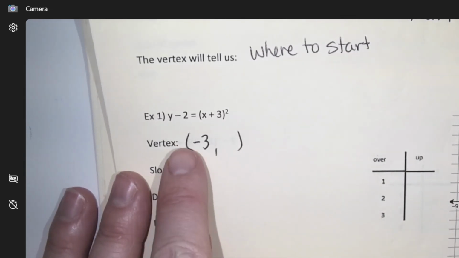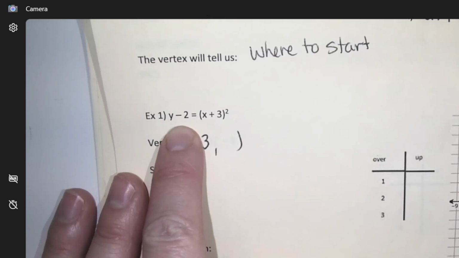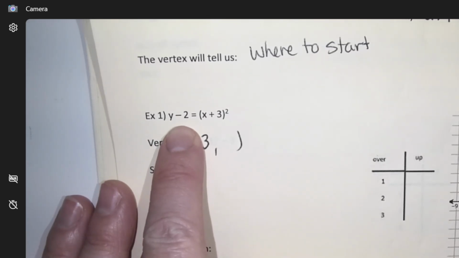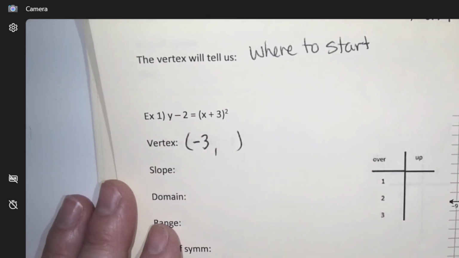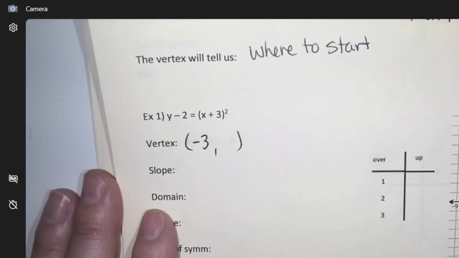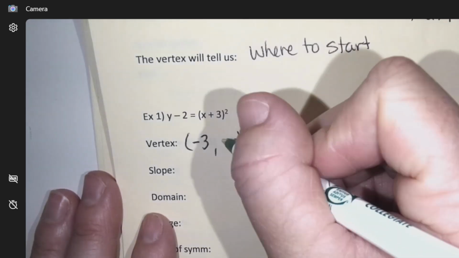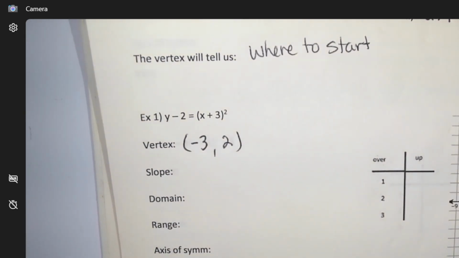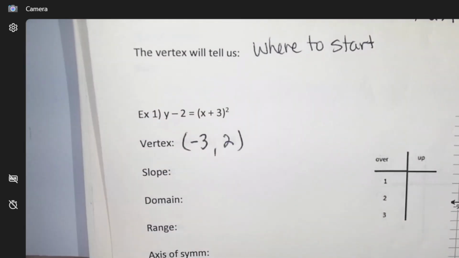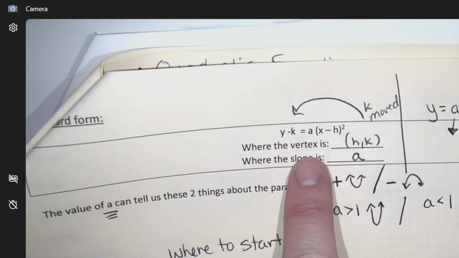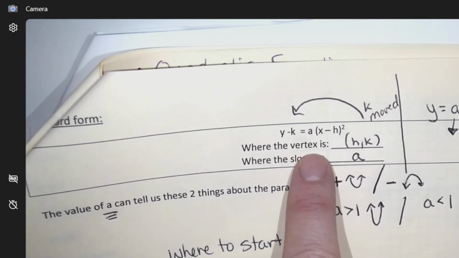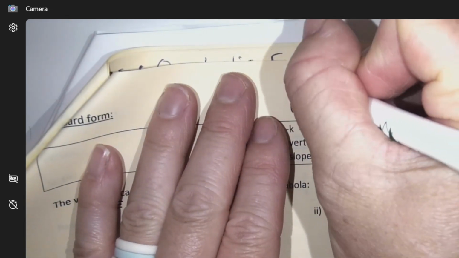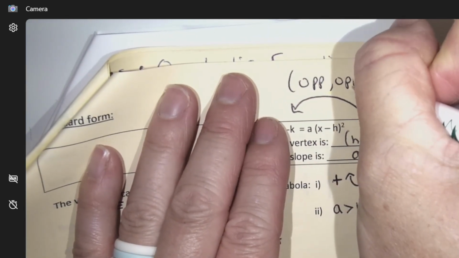And so the number that's separated, this is the k value. So should I go with a -2 or a +2? Positive. They're both opposite. Okay, because I'm looking at this one, they're both opposite. So in this formula, it's opposite, opposite.